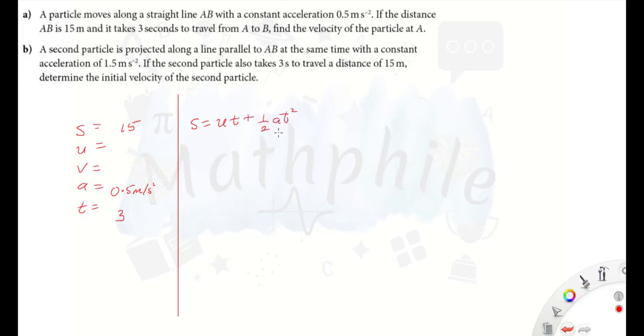In most cases, I don't really like using the v, that is s equal to vt minus half at squared. Naturally, I don't really like working with negatives. I am a positive person, so I don't involve myself with negatives. I think it's the only one that contains a negative.